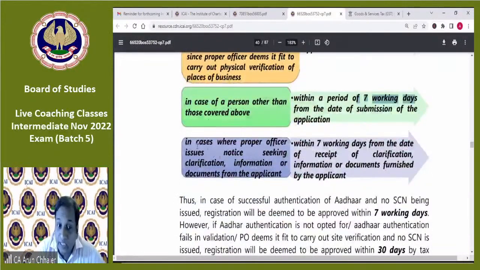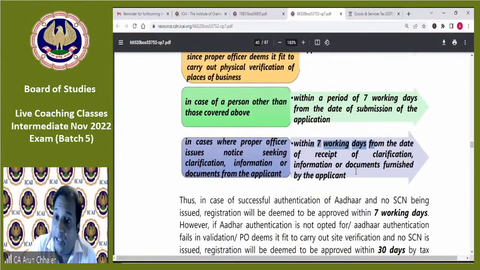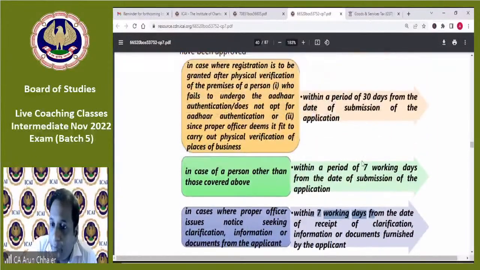And suppose the officer has issued the notice, and once the clarification has been given, within 7 days if he is not responding on that clarification, either accepting or rejecting, it will be deemed to be approved. What is the meaning of deemed to be approved?